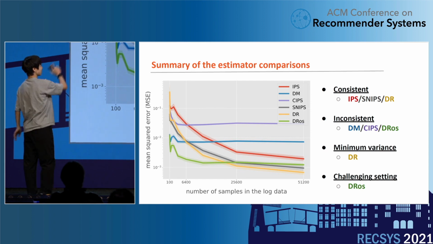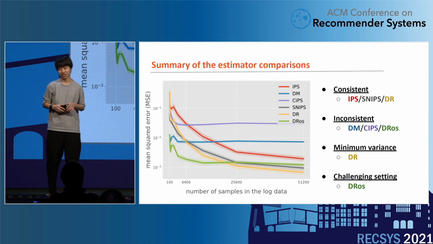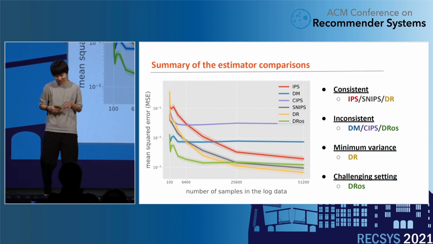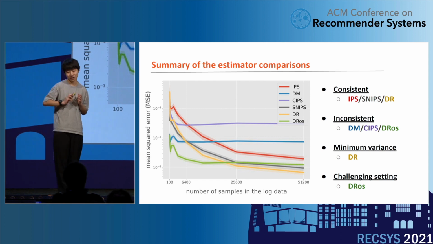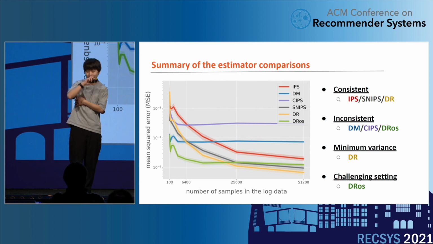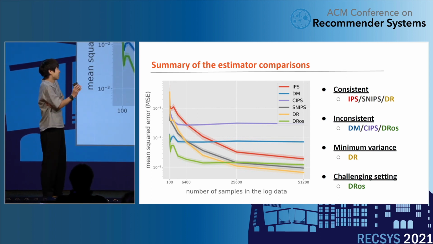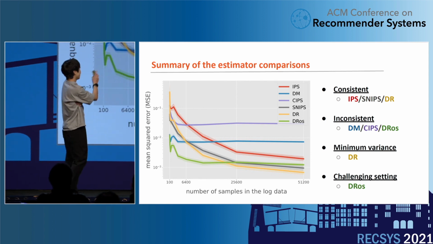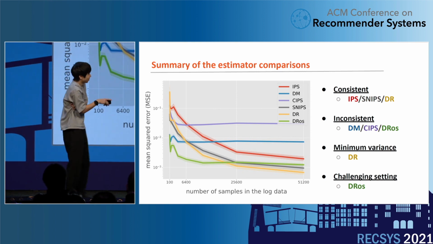So the first important theoretical property is consistency. A consistent estimator can tell us the true policy value when we have an infinite sample of data. That's a necessary condition for a good OffPolicy estimator. There are three consistent estimators in this tutorial: the IPS, SnipIPS, and the W robust, the red, gray, and yellow lines.